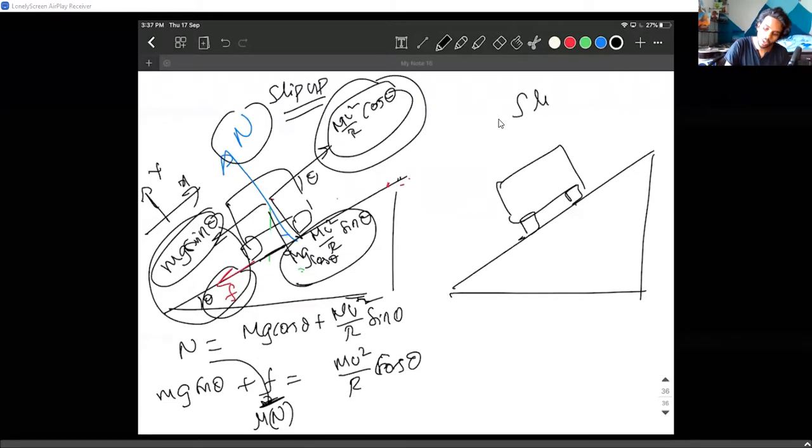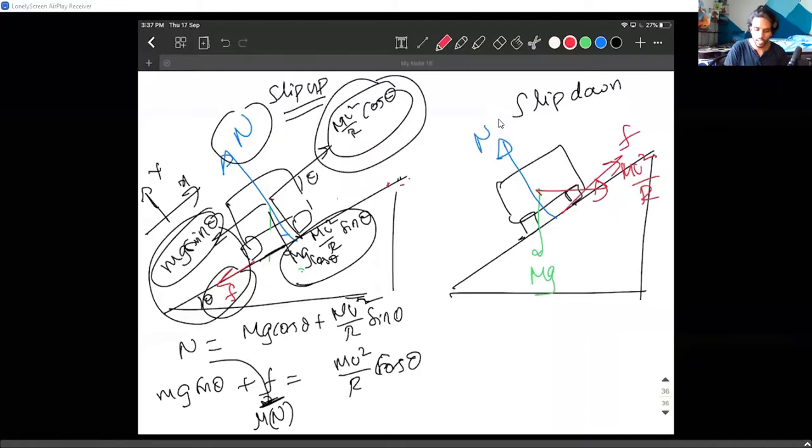In the slip down case, mg will be like this, normal force will be like this, and mv square by r will be like this, except the friction is upwards this time. So this part will be on the other side. The only difference, everything else will be same. N equals mg cos theta plus mv square by r sine theta.